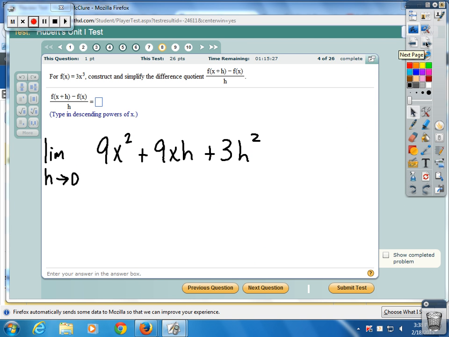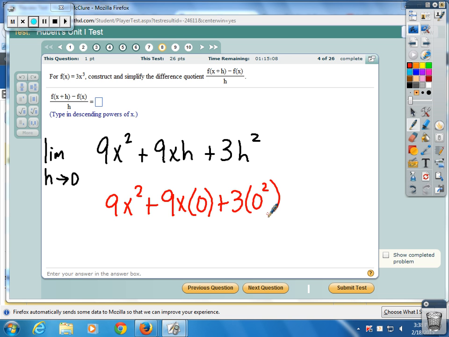So as h approaches 0, as those two dots get closer and closer together, you get 9x squared plus 9x times 0 plus 3 times 0 squared. And what happens to these two? Becomes 0.